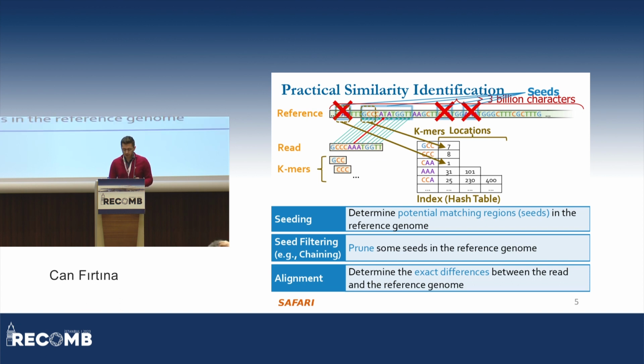Afterwards, in order to further reduce the search space from the seed matches, we can apply seed filtering techniques, such as chaining. This will identify highly dissimilar regions in the reference genome so that we can further reduce the search space. The last step, optionally, is to perform sequence alignment, which will determine the exact differences and the similarities between a read and the reference genome.